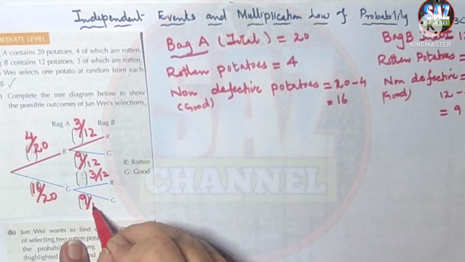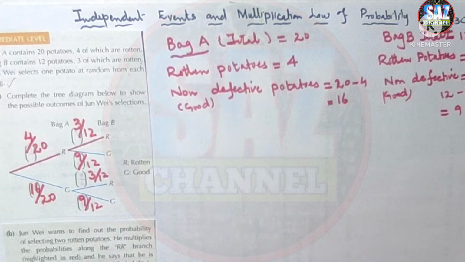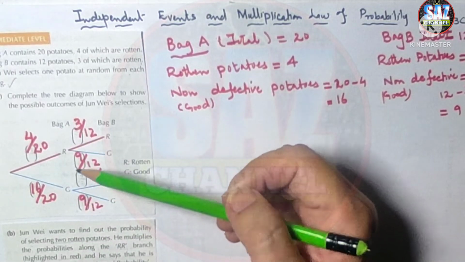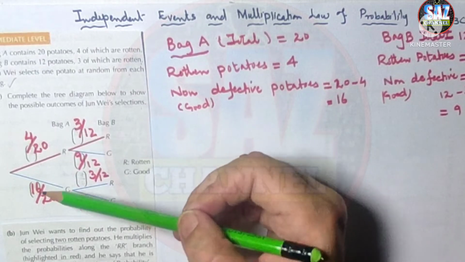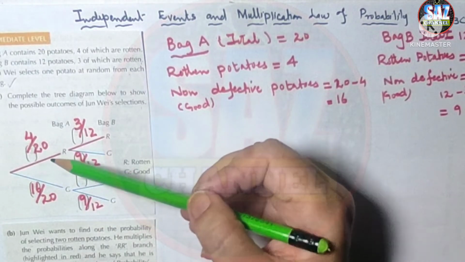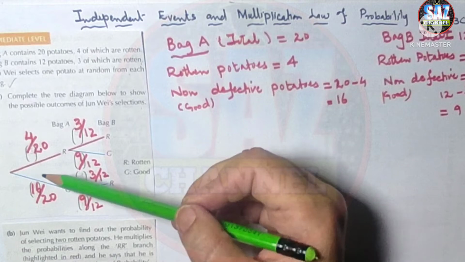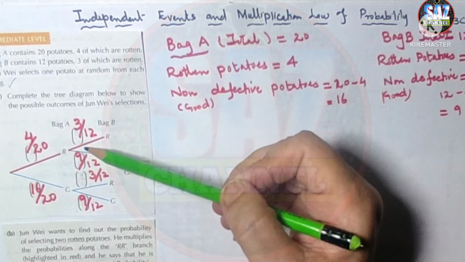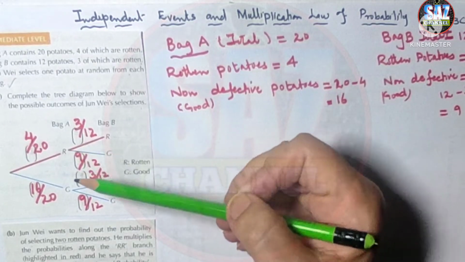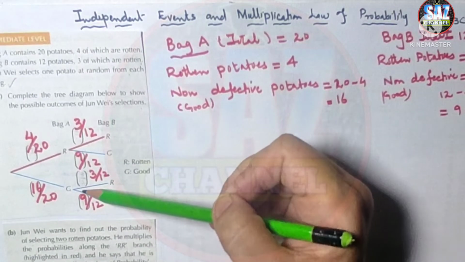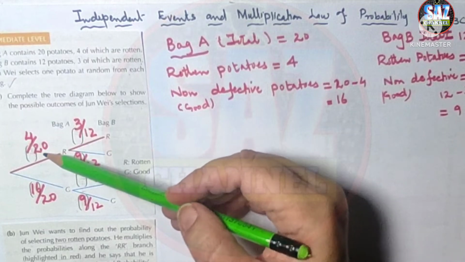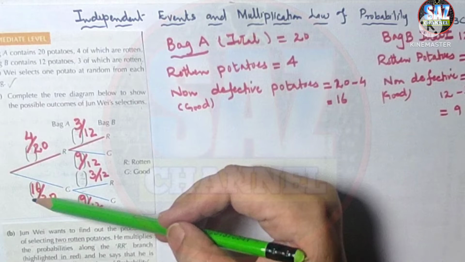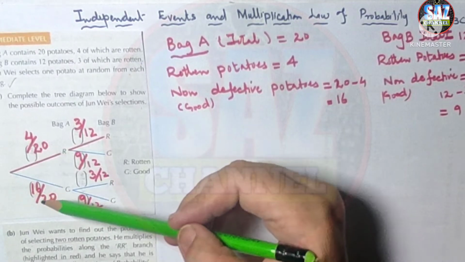Okay students, here the point that we need to understand is that as the bags are independent, the choice of defective or non-defective potato from bag A has no effect on the choice of the defective or non-defective from bag B. So, that is why there will be no change in the numerators of the bag A choices, and the total will also remain the same.